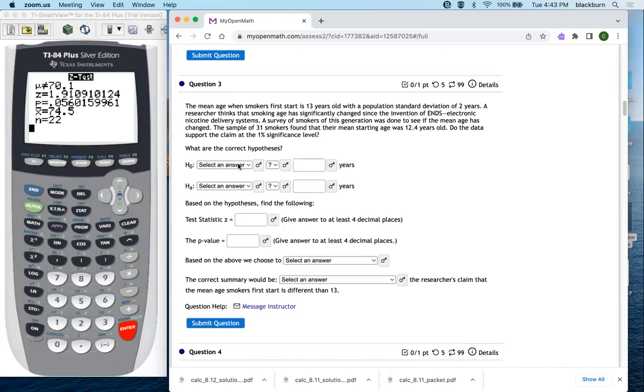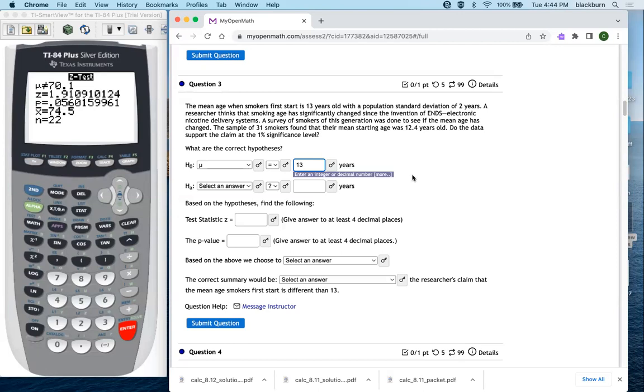Okay, so the null hypothesis, we're talking about the population mean, so mu, and the H0 is always going to have equals in the middle. Always, always, always equals. All right, 13 years old. And then it says a researcher thinks the smoking age has significantly changed since the invention of ENDS, electronic nicotine delivery systems.